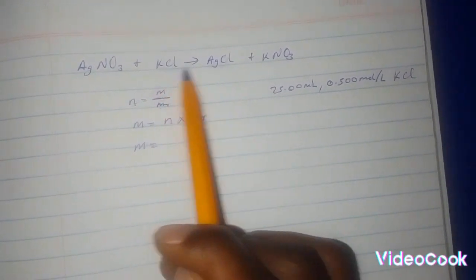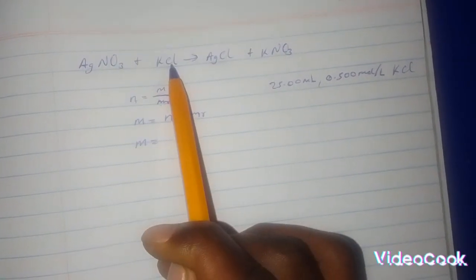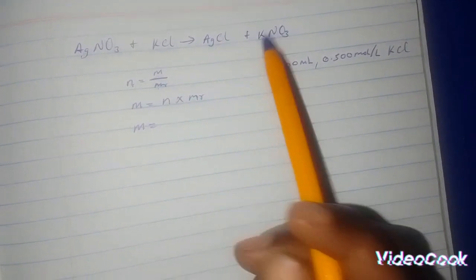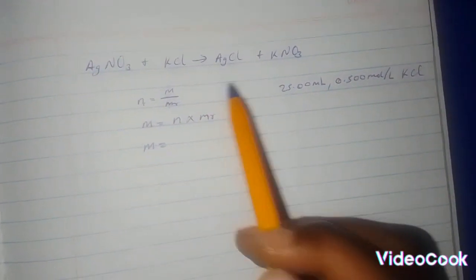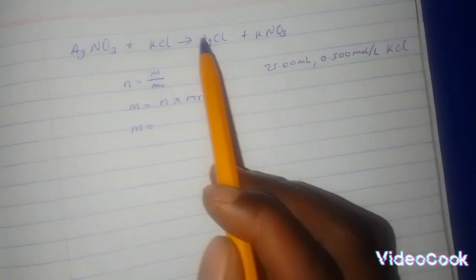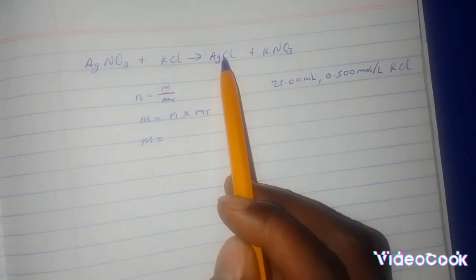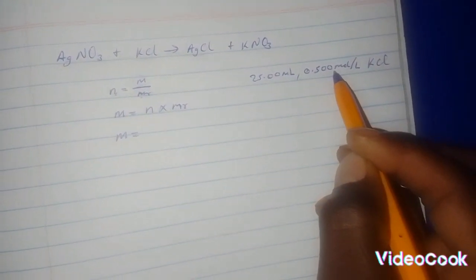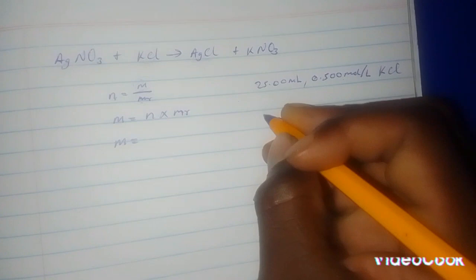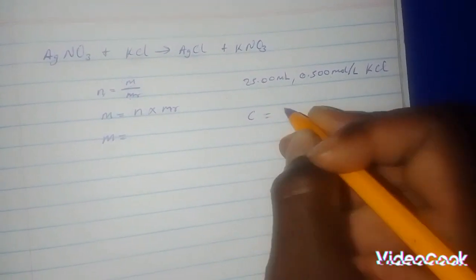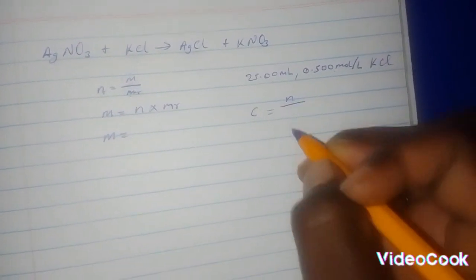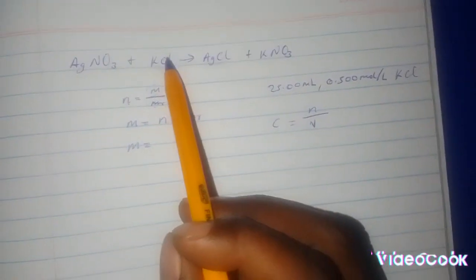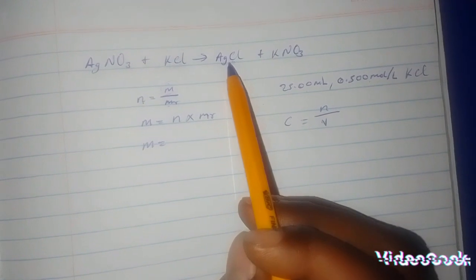So the mole ratio is 1 to 1. If the mole ratio is 1 to 1, it means the number of moles for potassium chloride is equal to the number of moles for silver chloride. Therefore, what are we going to do? If they are equal, then what we can do here is the same thing that we can do here. Then we know that we are given the volume. We are also given the concentration or the molarity. Therefore, we know that molarity or concentration is equal to number of moles over volume. Okay. Now, we know that since the mole ratio is 1 to 1, the number of moles that we can find here is the same as the number of moles that we find here.